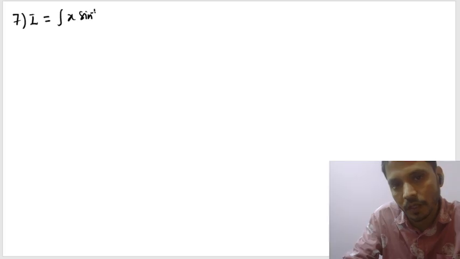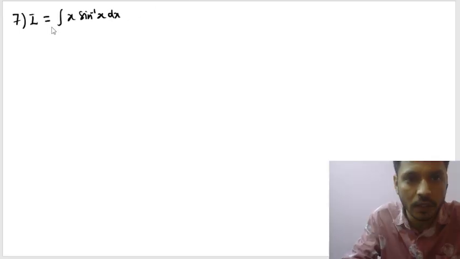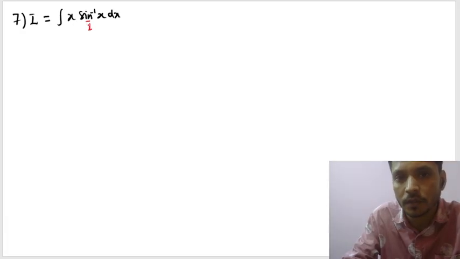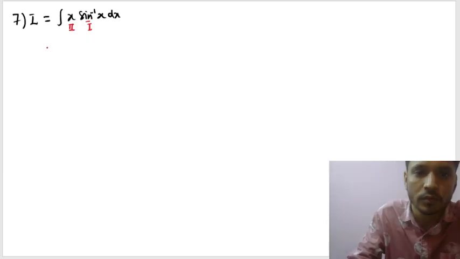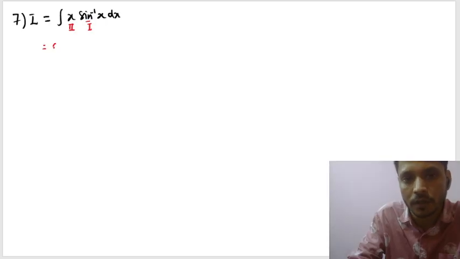Now here we need to decide first and second functions. So how we can decide it? According to the ILATE rule. So I, that is inverse, so inverse is the first function, and this algebraic x is the second function. So how we are doing that? First we are writing the first function outside of the integration.